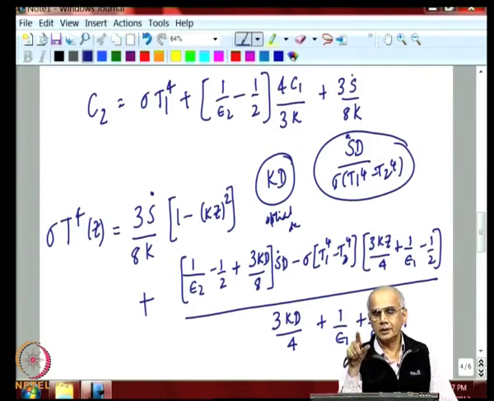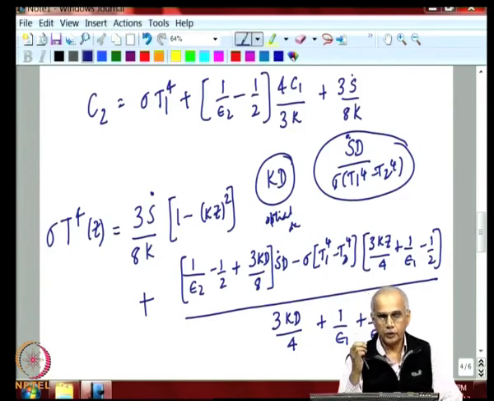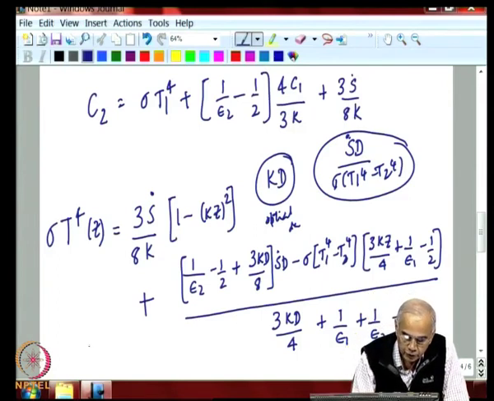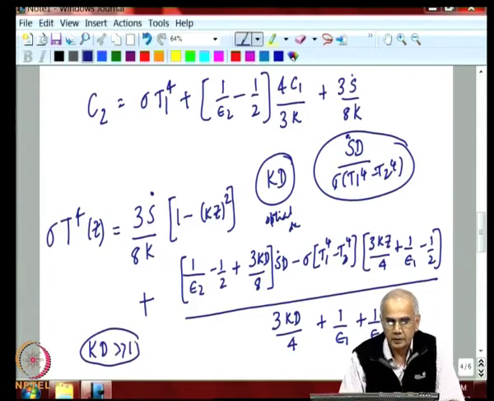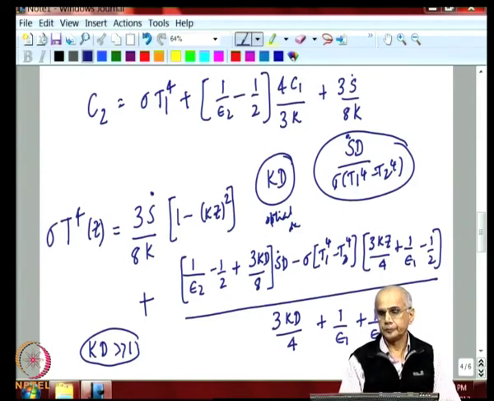One is the optical depth, that is the extinction coefficient times the spacing between the two walls, that is Kd. And as you recall, because you are looking at the diffusion approximation, it can be useful only in this limit, when Kd is much greater than 1.